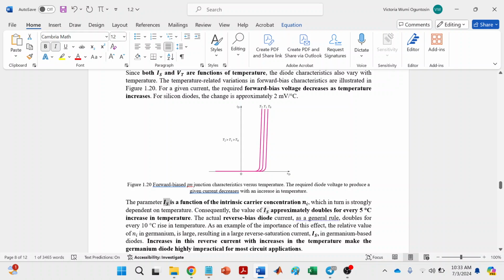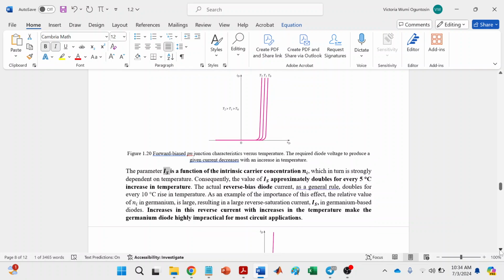In practice, Is doubles for every 5-degree increase in temperature. This is just for the saturation current. As a general rule, the actual diode current doubles for every 10-degree rise in temperature. The zero bias saturation current doubles for every 5-degree increase in temperature.